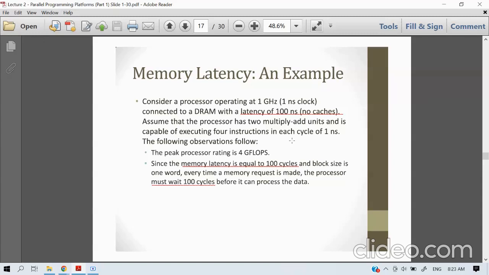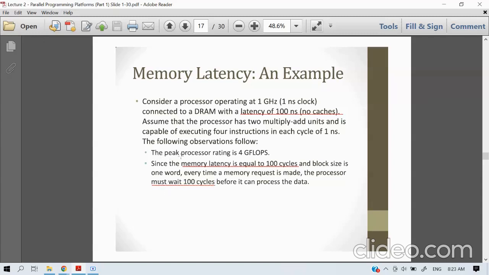So there is a waiting time of 100 nanoseconds when the processor is connected to the DRAM. Assume that the processor has 2 multiply-add units and is capable of executing 4 instructions in each cycle of 1 nanosecond.